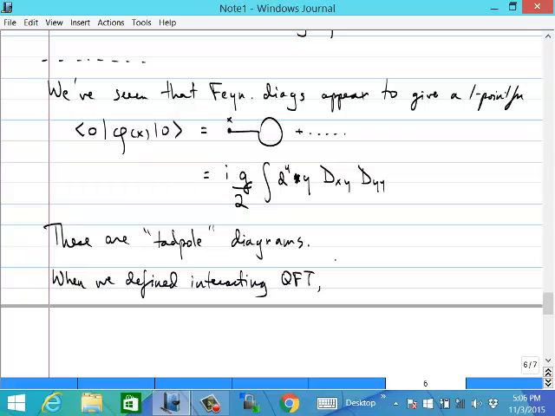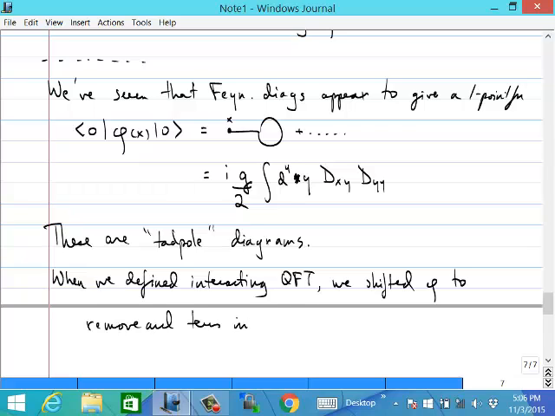In particular, we shifted phi to remove any terms in L which are linear in phi. And if you think about it, terms in the Lagrangian that are linear in phi are precisely terms that would give you a one-point function of this sort.